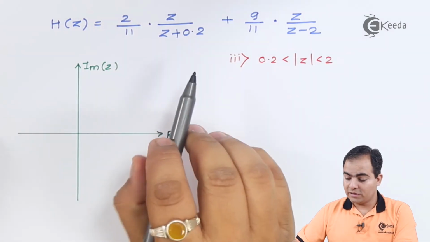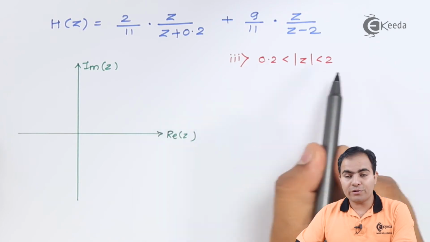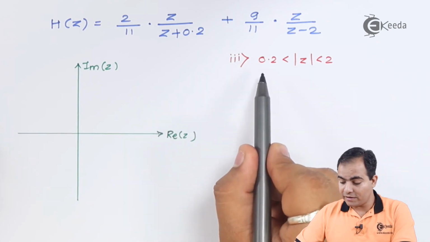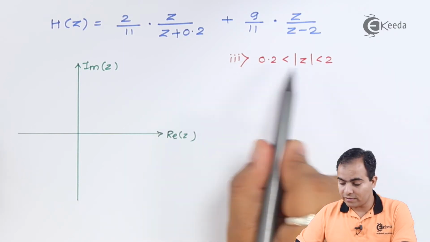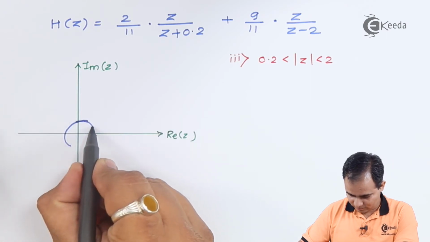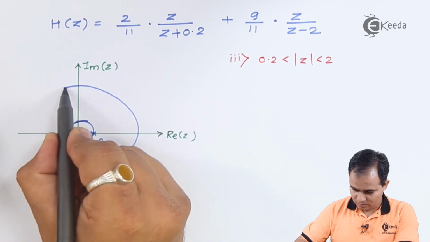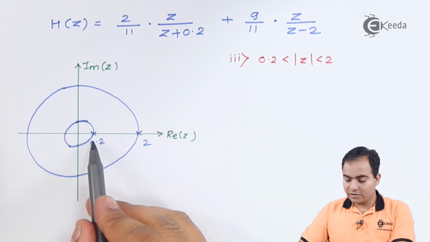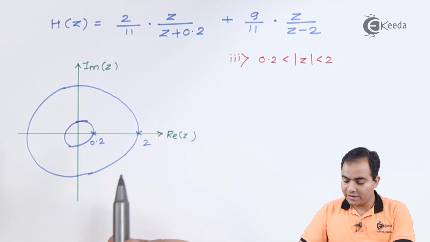Now the third one, here the ROC is lying in between 0.2 and 2, which means our ROC exists in between the 0.2 radius circle and the 2 radius circle. So first of all we'll plot the circles. So these are the two circles. The inner circle has radius 0.2, and the last one has radius 2.